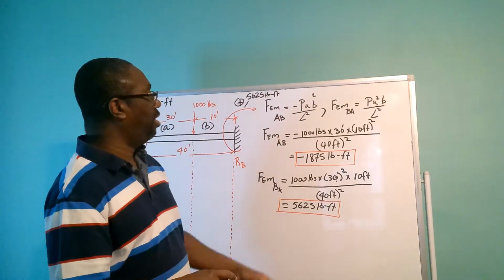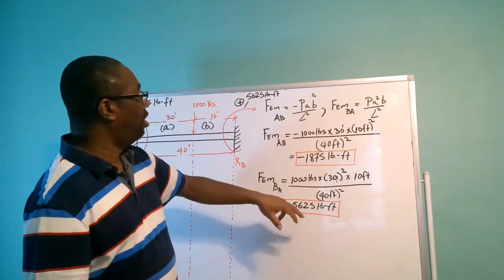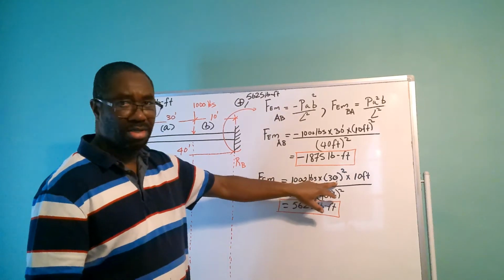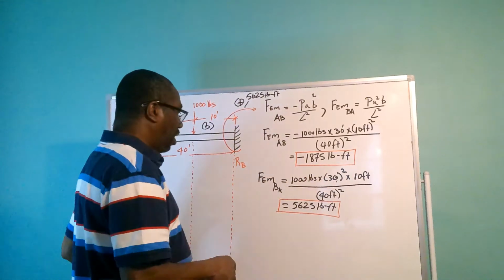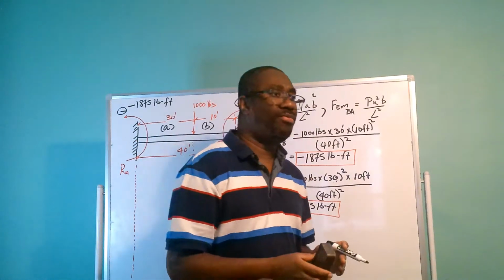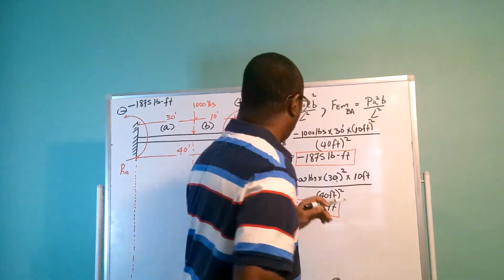In the first instance we square the 10 feet, and in the second instance we have to square the 30 feet. So, having shown you that, I can now move to calculate my reactions.